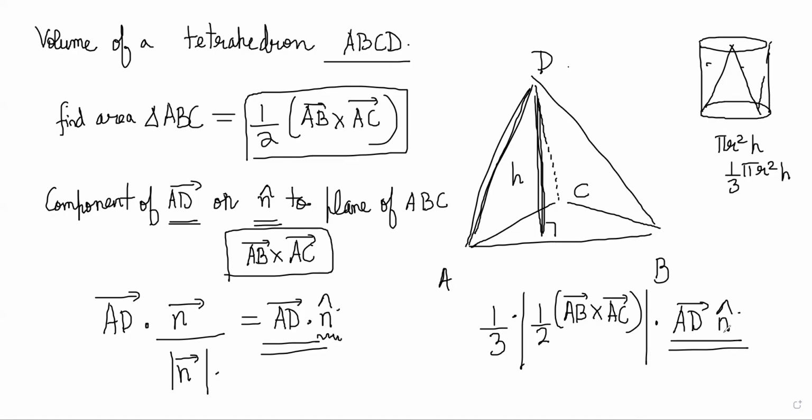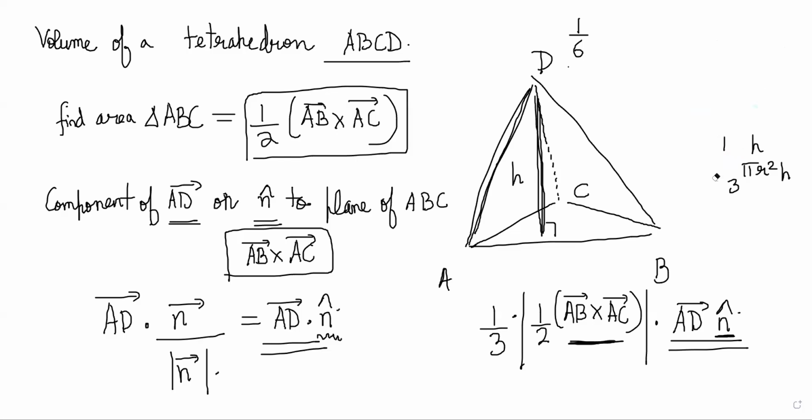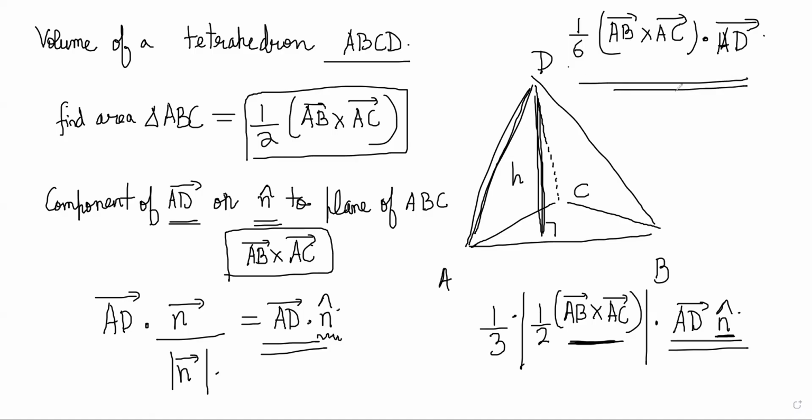So technically, this normal unit vector is in the same direction as this. So I can write this as 1 by 6. And now remove the modulus because the magnitude and the direction are both present. And this becomes AB cross AC dot product with AD, right? This becomes your volume. So this is the same thing as 1 by 6 AB AC AD box product.